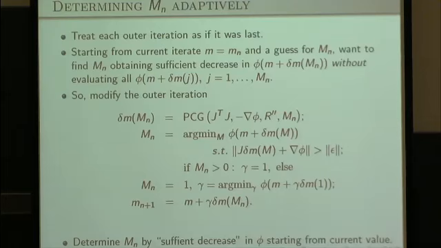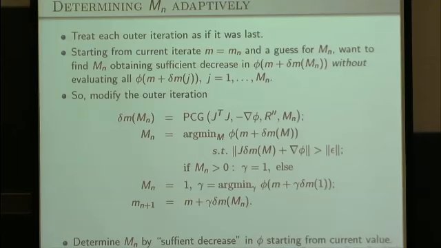So what we do instead is we guess m sub n. We jump in, we don't evaluate phi until we get there and one before there. If we have enough decrease, we are happy. If we don't have enough decrease, we decrease m sub n until we have it. The details are in the paper on my web page.